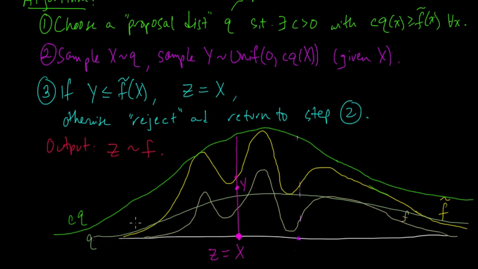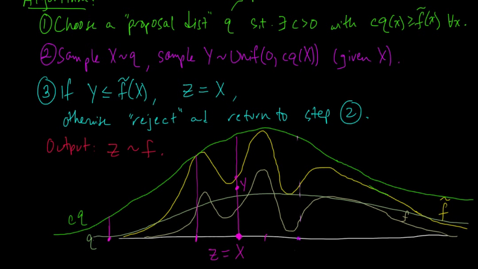So if x landed out here, then this would be very small and we'd be almost certain to reject. On the other hand, if by some miracle x landed right here, then we would be almost certain to accept, since whatever y we drew was going to land under this yellow curve on this interval.